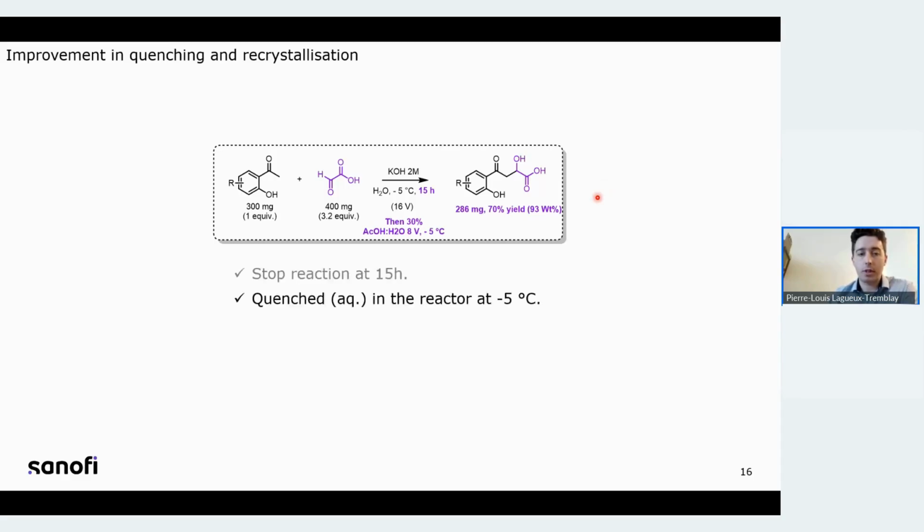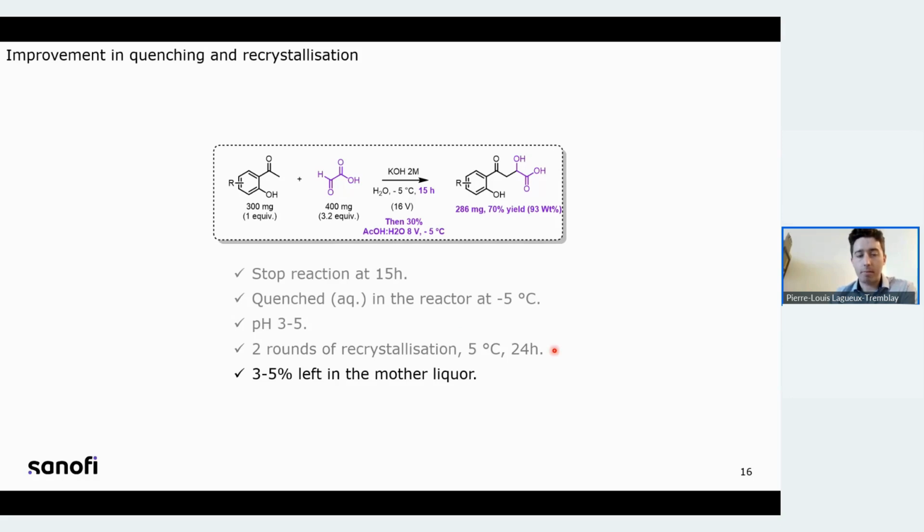We quench with an aqueous solution with a mixture of acetic acid at -5, and then make sure that the pH was adjusted, this micro-optimization, to between 3 and 5 to help the recrystallization process from the water. After 2 rounds of recrystallization, we could get about 3 to 5% left in the mother liquor, and then overall we got improved yields and purity for this transformation.